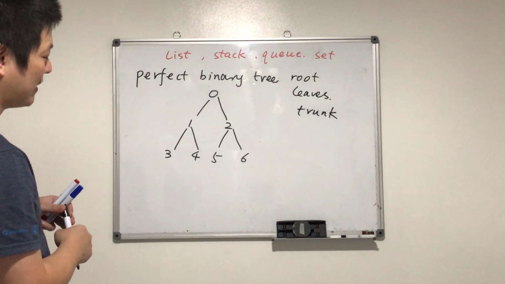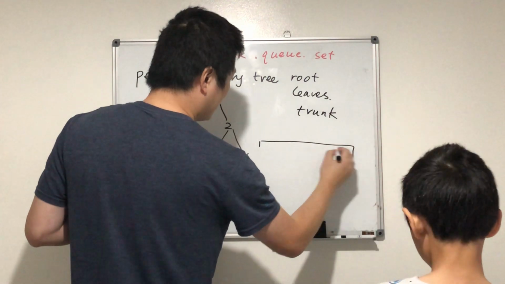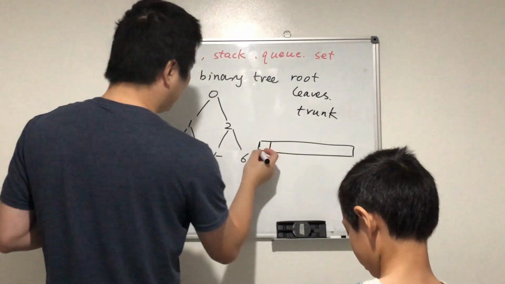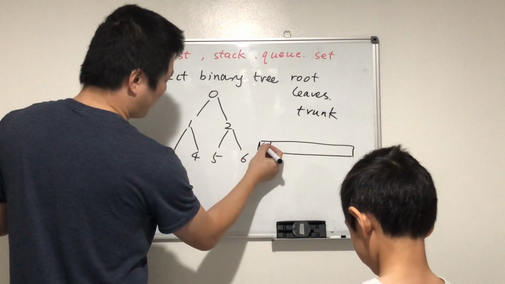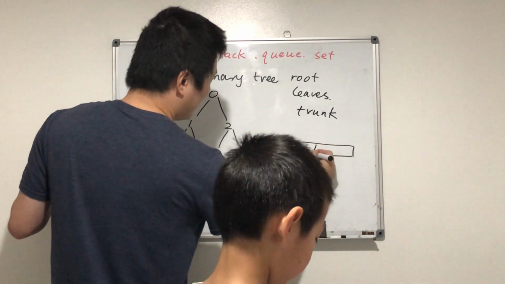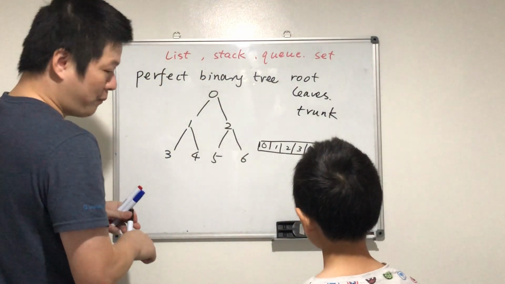So how do we store it in the computer? We can store it in a list. The list starts with the root node. Let's store it: 0, 1, 2, 3, 4, 5, 6, and then 7, 8, 9, 10.